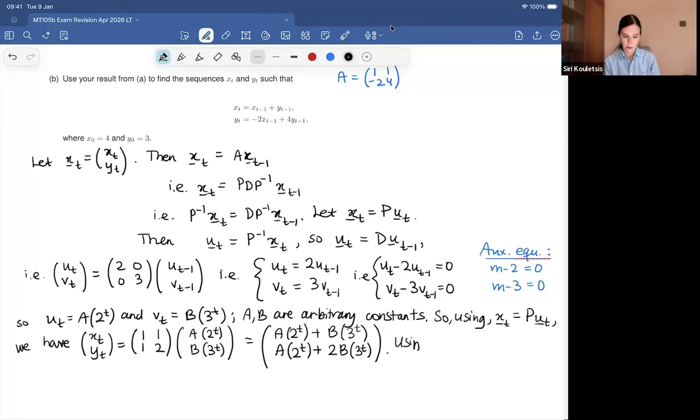And then finally, we use x0 equals 4 and y0 equals 3 to find a and b.